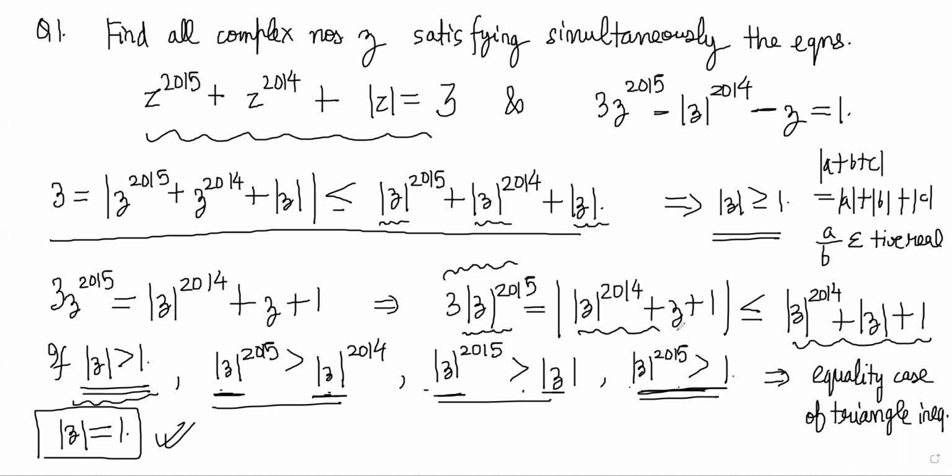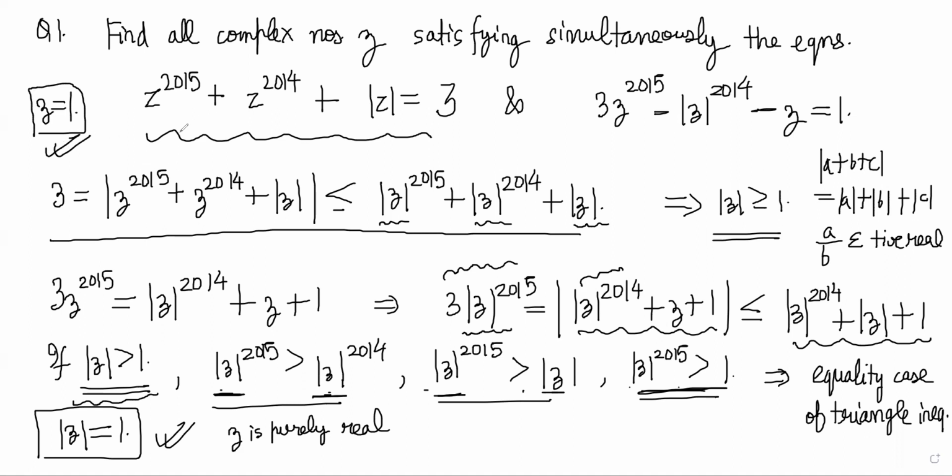So here we can say that z bar 2015, or even you can just work with z bar 2014 by z, that must be purely real, which means z is purely real. z is purely real and mod z is 1. So therefore the only solution for this is the complex number z equal to 1, which is actually a real number. This is the only solution.